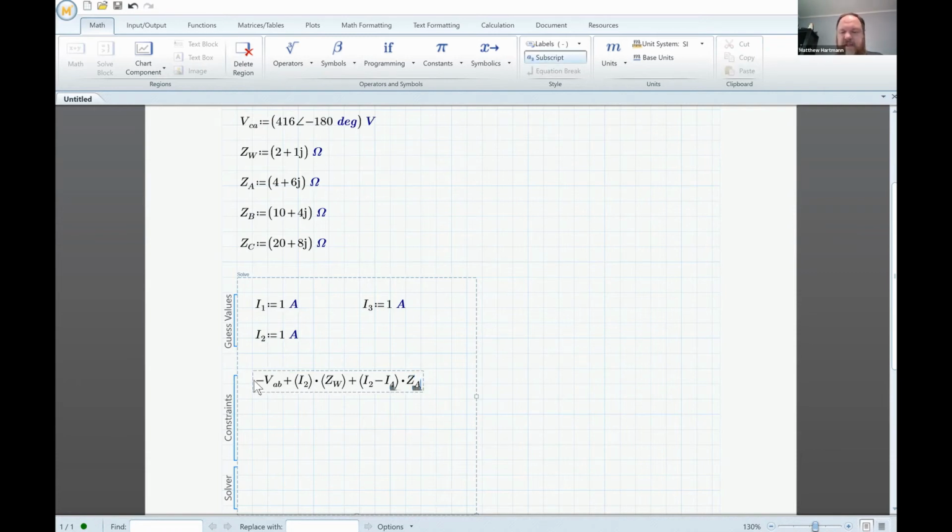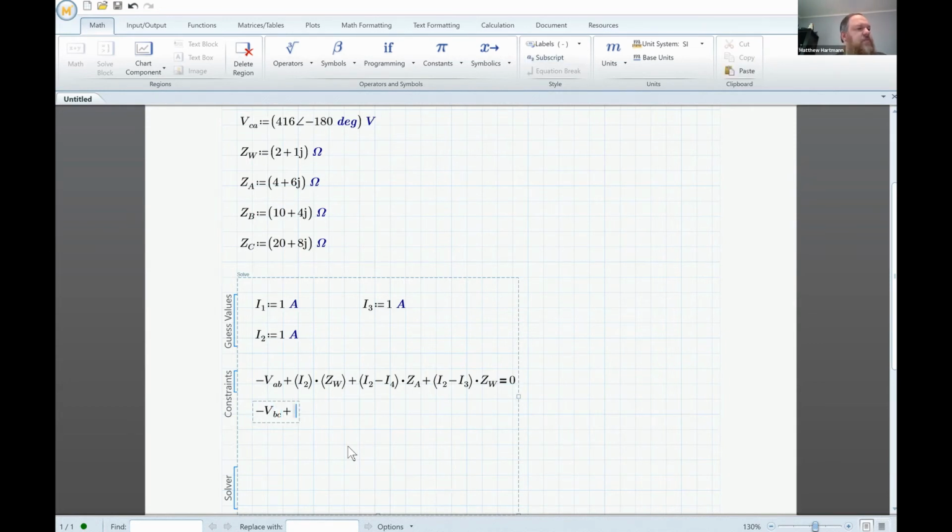And let me know if I'm making any errors in my equations here, please. And then I2 minus I3 times ZW is equal to 0. So I believe that's my first equation. Let me just peek over at it. I2 minus I4, I2 minus I3. I2 minus, yep, okay.